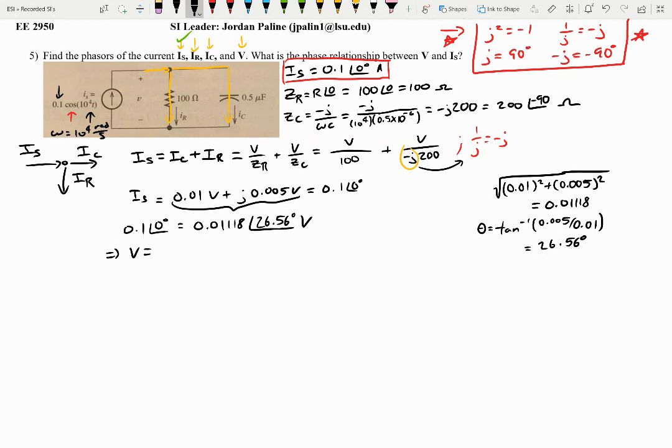So we have 0.1 at angle 0 divided by 0.01118 at angle 26.56 degrees. We divide the magnitudes and subtract the angles.